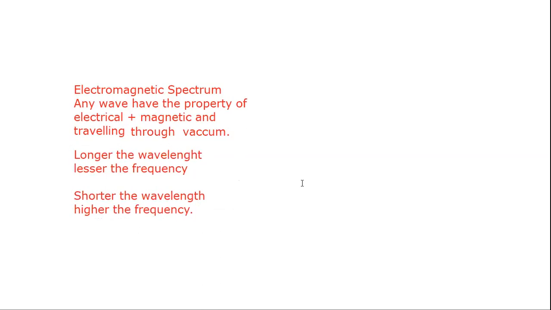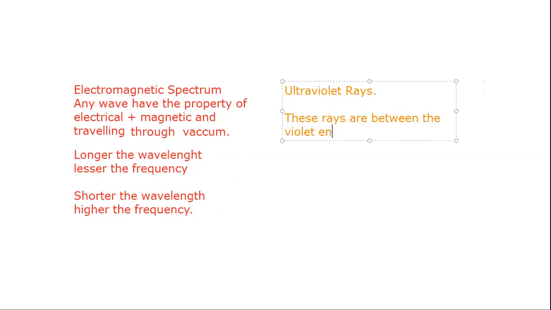The second thing we had learned was ultraviolet rays. So I would use orange color in this. We had said that these rays are between the violet end of the visible light and the X-rays.